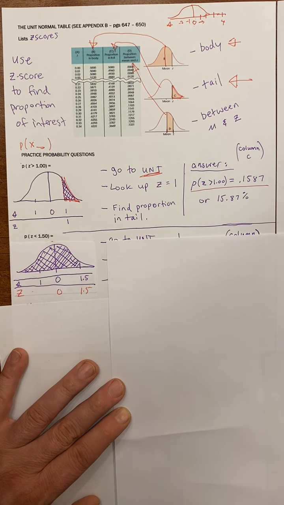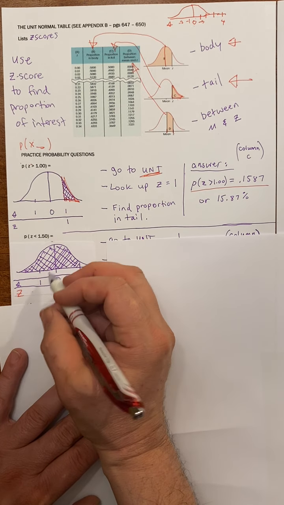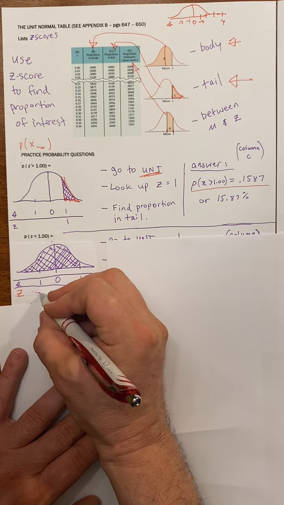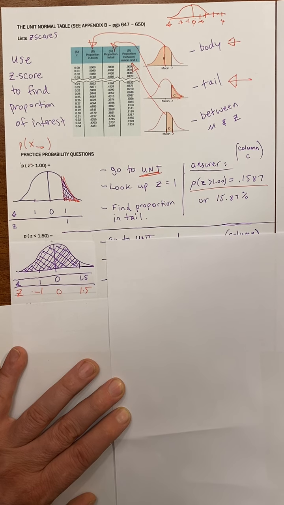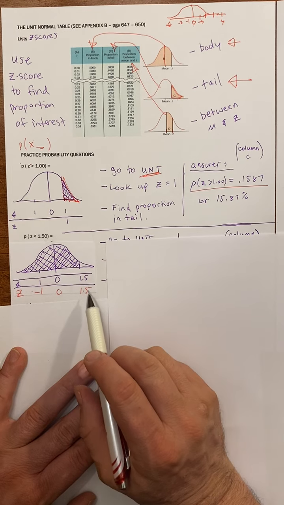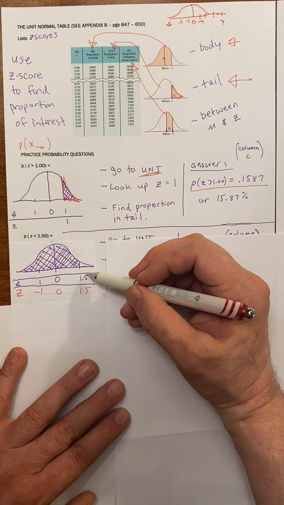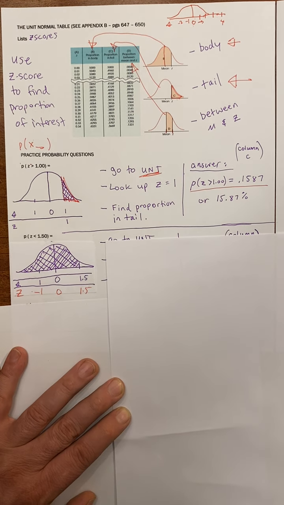Maybe one difference is that instead of having a positive one below the mean, you would have that negative one, right? But other than that, for our question of interest, the 1.5 z is going to be right under the 1.5 standard deviation.